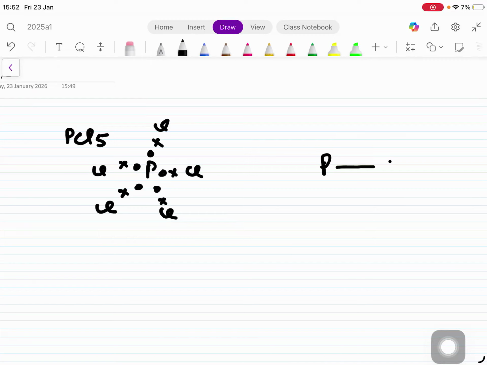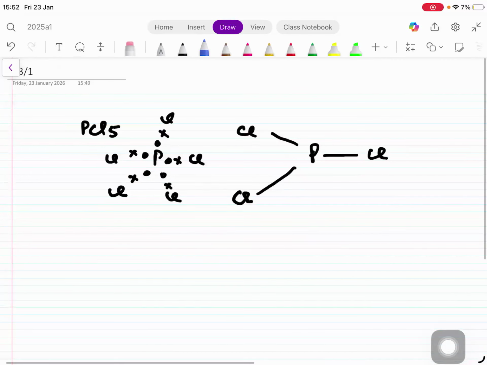Look, 1 Cl, 1 Cl, 1 Cl. So how many bond pairs here now? 3. And what is the angle between them? 120. Can you see the angle? Yes. What is the angle? 120. And the fourth one is on the top, and the fifth one is here.